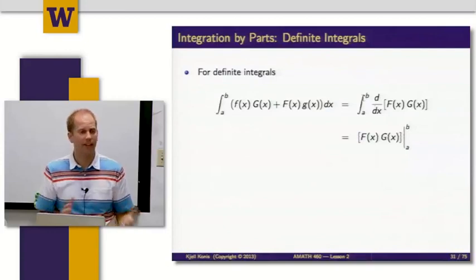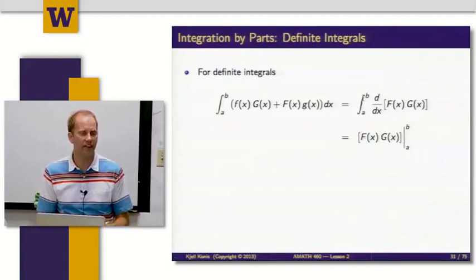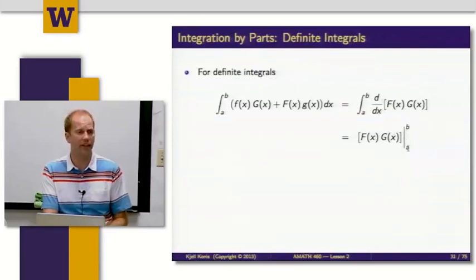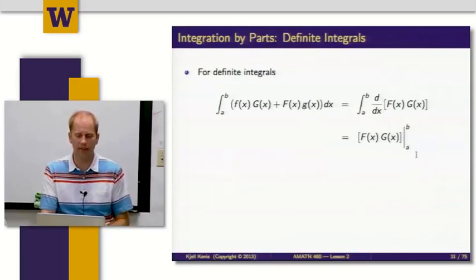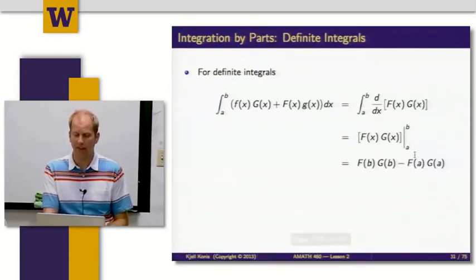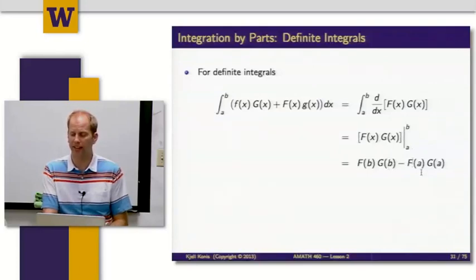Because by the fundamental theorem of calculus, integration and differentiation are sort of complementary operations, this integral is going to cancel out my derivative, and I just have to evaluate my antiderivative at its endpoints and take the difference. So that's going to give me capital F of b times capital G of b minus capital F of a times capital G of a.